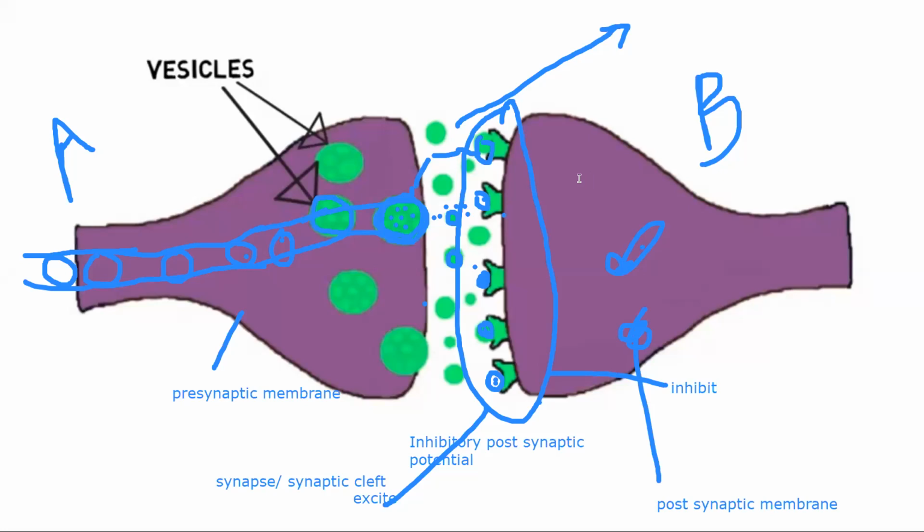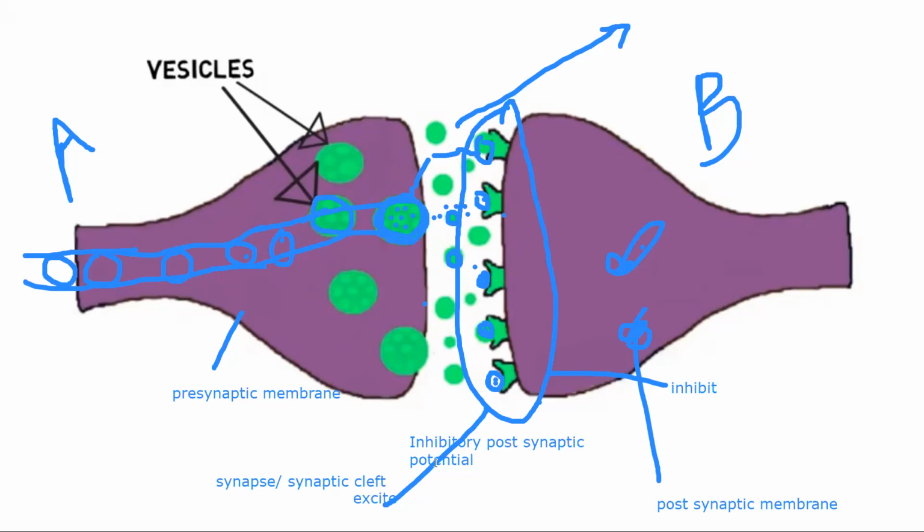That's what we mean by excitatory postsynaptic potential. So it means it increases the activity of what? Of neuron B. That's an action potential that takes place within neuron B when a neurotransmitter sits on what? On the receptor of neuron B, and it causes excitatory postsynaptic potential. What it means is that it causes an action potential within neuron B.